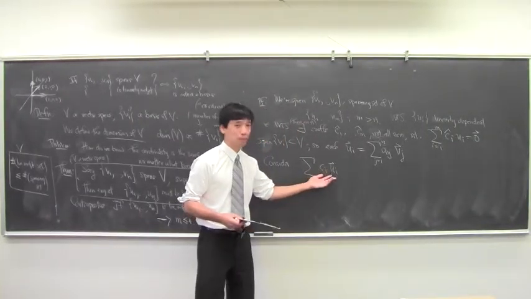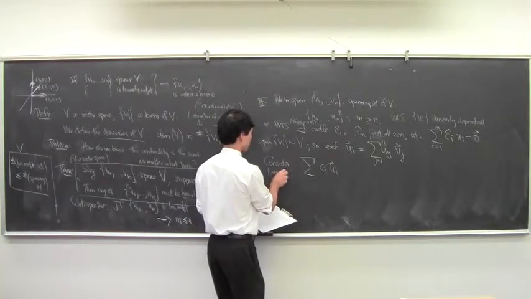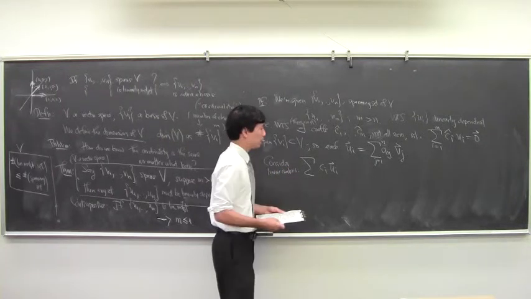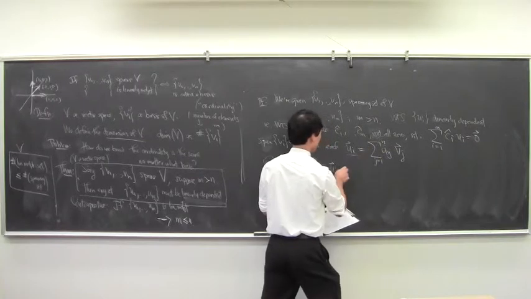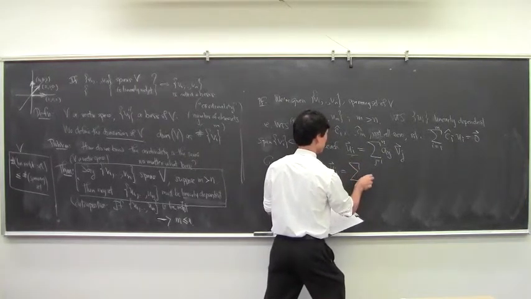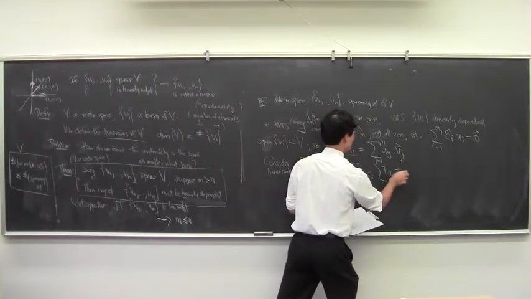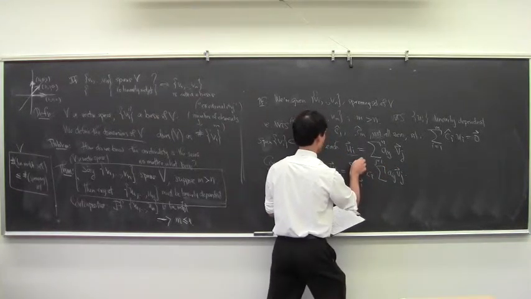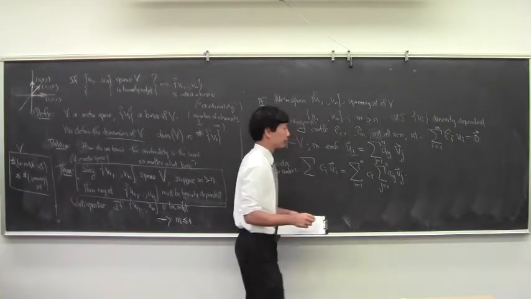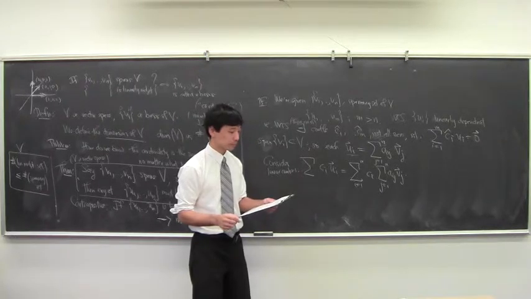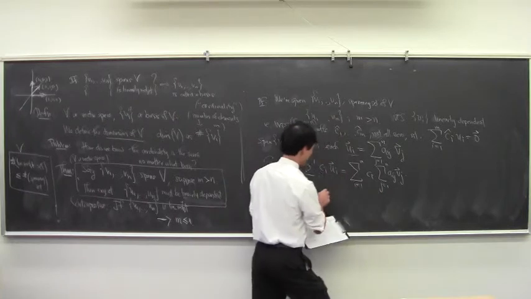So let's consider just linear combinations. They look like this. We can replace the Ui with their expression in terms of the Vj. So this is going to be summation Ci Aij Vj, i from 1 to m, and j from 1 to n. And we just keep on going.